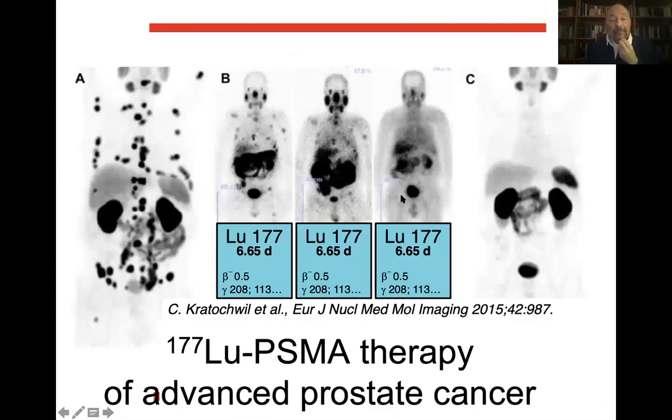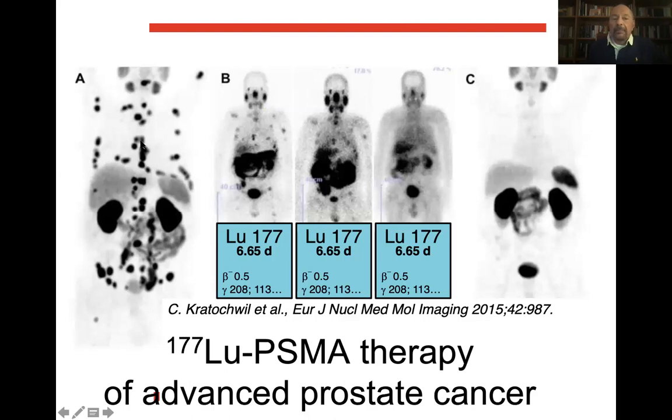This is also an example of lutetium-177 used for treating prostate cancer now. So you see a patient which is metastatic, highly metastatic.